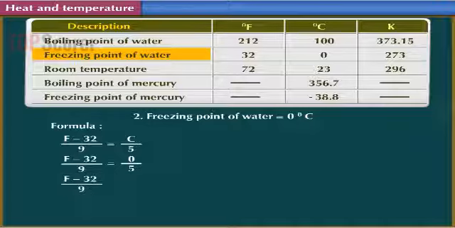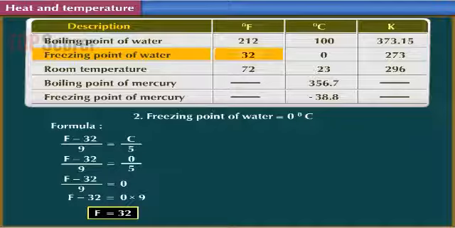Thus, (F minus 32) upon 9 is equal to 0. Thus, F minus 32 is equal to 0 into 9, which is equal to 0. And therefore, F is equal to 32. The calculated value is matching with the one given in the table.